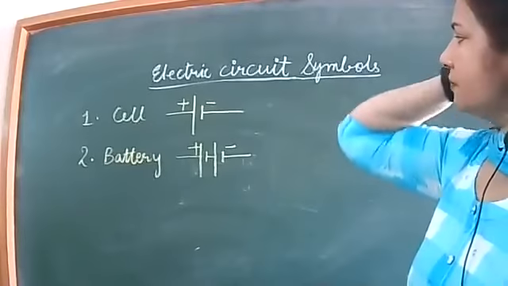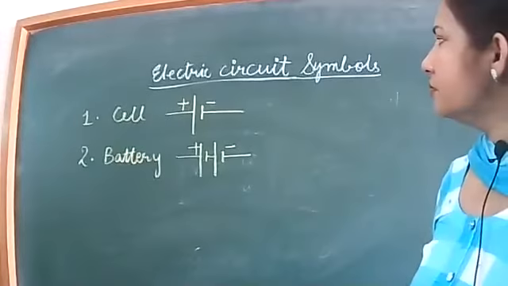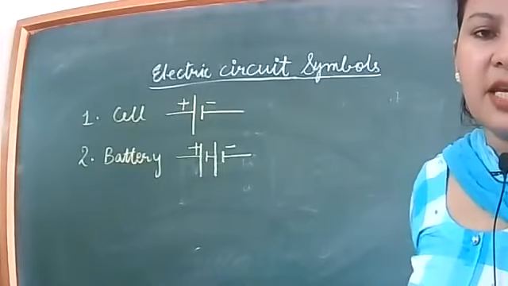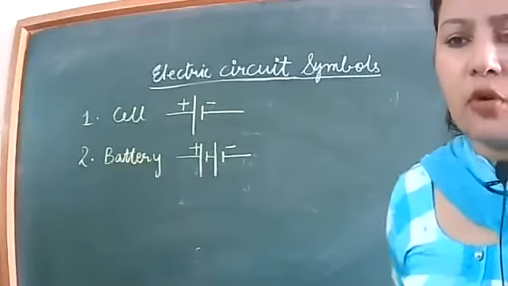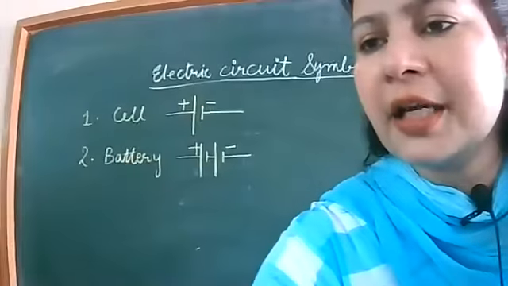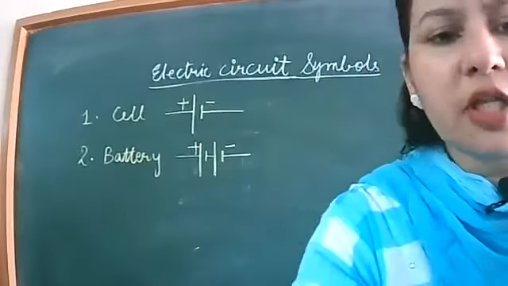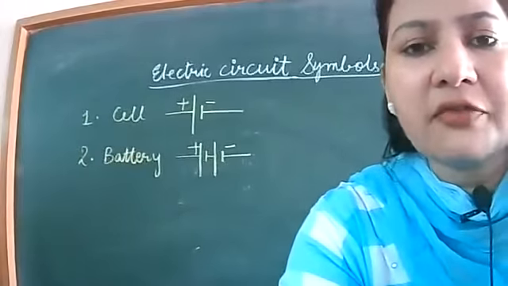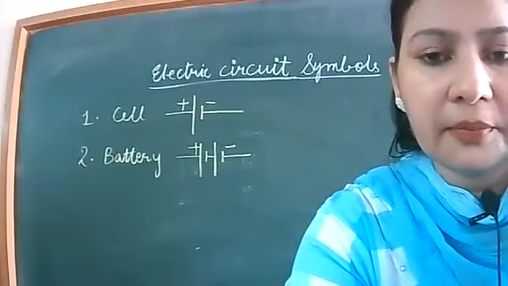All right. So this is the symbol of a battery. A battery is a combination of 2 or more than 2 cells connected in series. And what is the function of a battery? It provides the necessary potential difference for current to flow in a circuit.